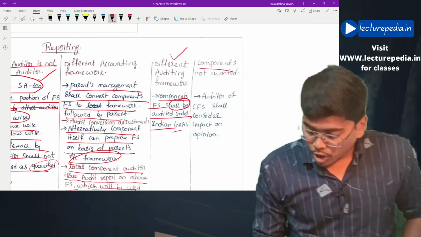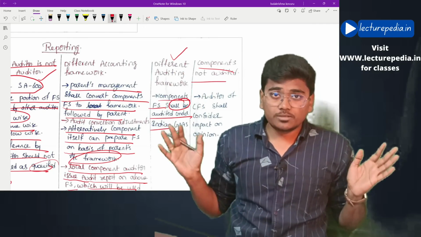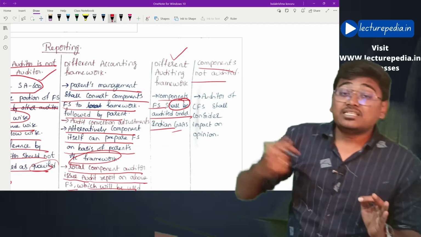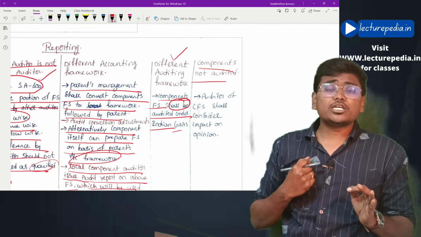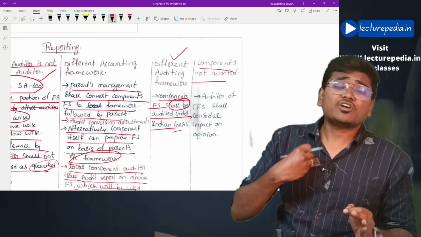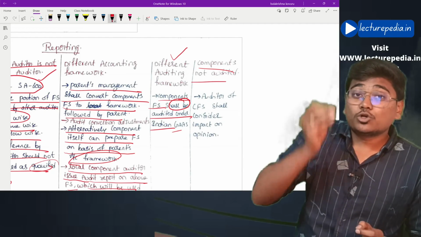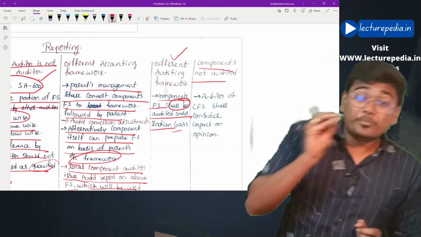Next, components are not audited at all. If the component's financial statements are not audited, then the auditor of the parent entity, the auditor of the consolidated financial statements, has to consider what could be the impact on his opinion.